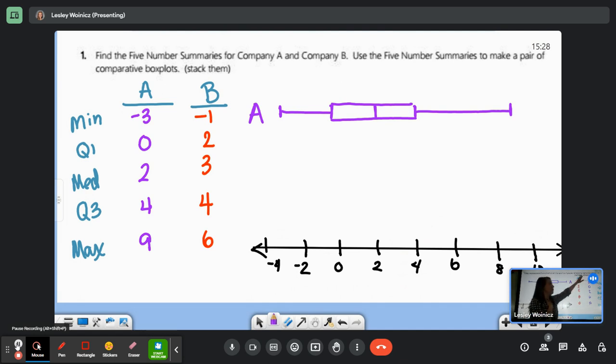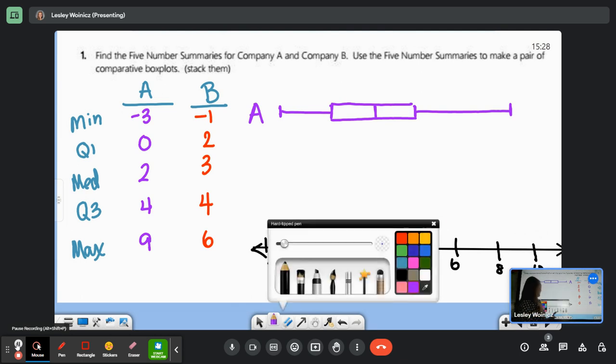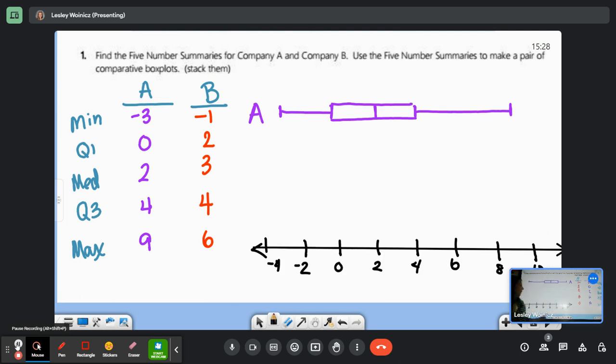We have the quartiles labeled over here, so I don't need you to redo it over here again. Okay, if you did, you get a star. But we do have to label this axis. So what are we going to call this? What is our variable that we're plotting?